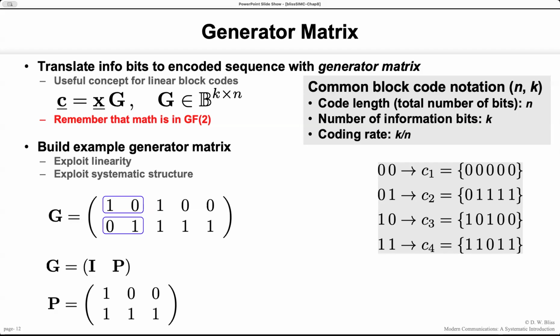All right. And so we can then decompose the generator matrix into two pieces. There's the identity matrix portion of it. That's the part that's associated with the systematic bits. And then there's a parity generating portion of the generator matrix as well. So now we can quickly produce the generator matrix if we have a list of code words.